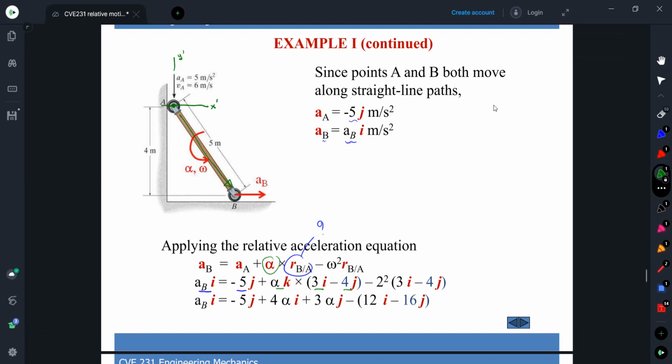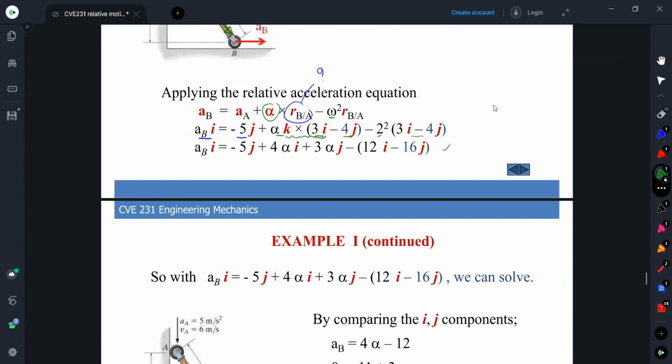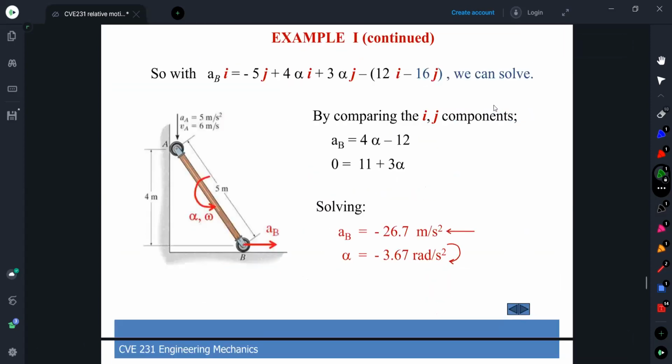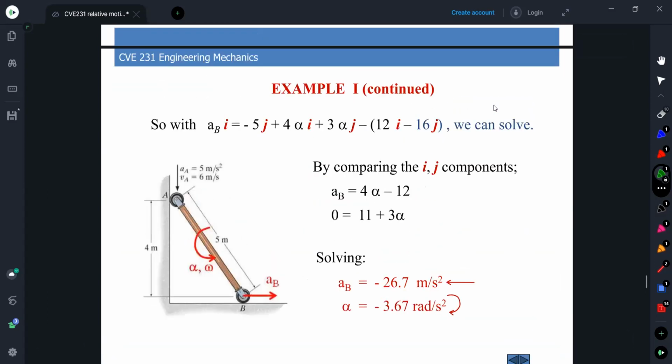For omega, we already know from the previous slide that omega AB is 2, and RB sub A we already know. After solving the cross product, we have this equation. We can rearrange it, and by comparing the i and j components, we get two equations like this.